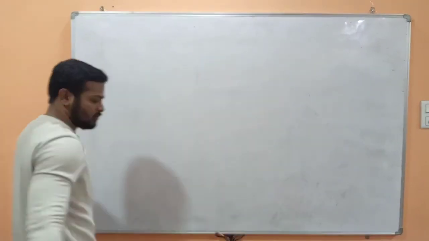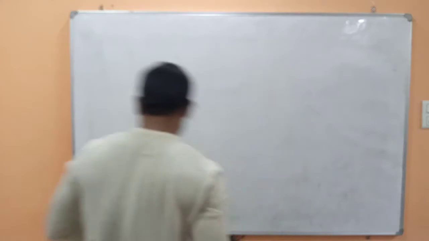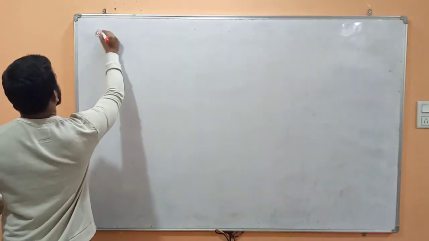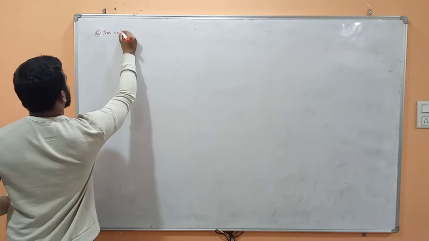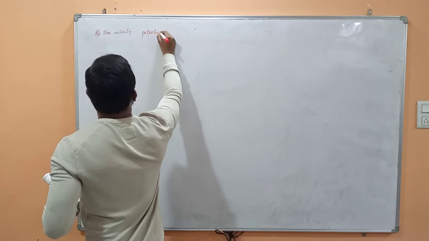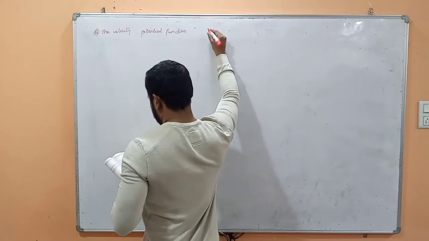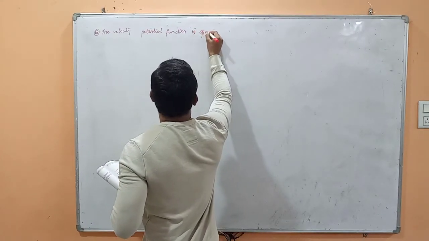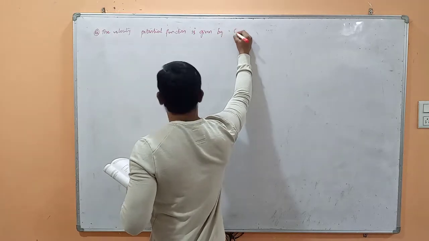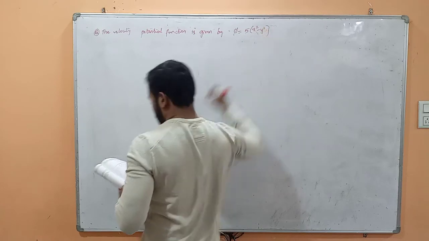So I am going to take the second question from fluid kinematics. Okay. The velocity potential function is given by phi equals 5 into x square minus y square.